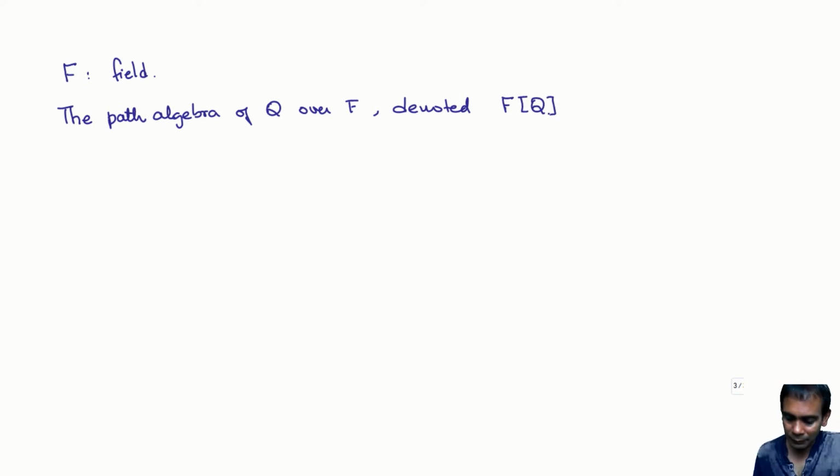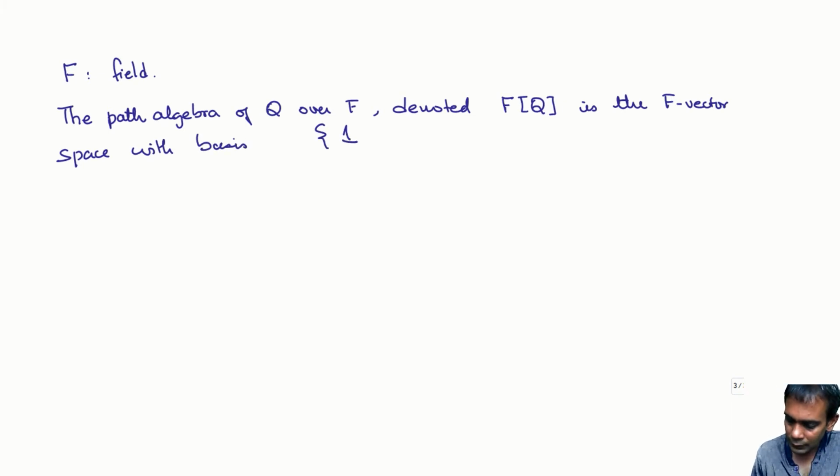This is going to be a ring, and it is the F vector space with basis 1_P, where P is a path in Q. So this E star, recall, denotes the set of all paths in Q.